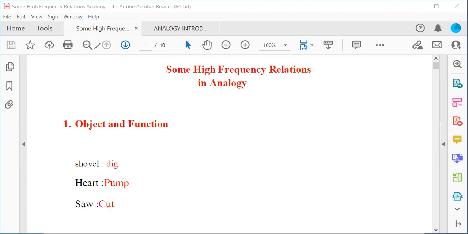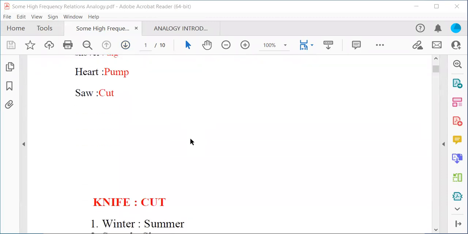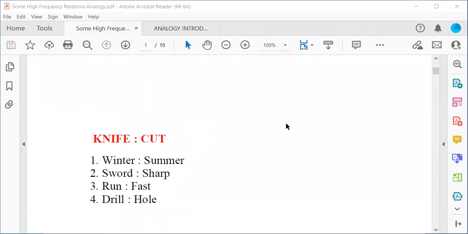Now let's look at an example to make it clear. The example on function says the main pair is knife and cut. And we have 4 options: winter, summer; sword, sharp; run, fast; and drill, home.